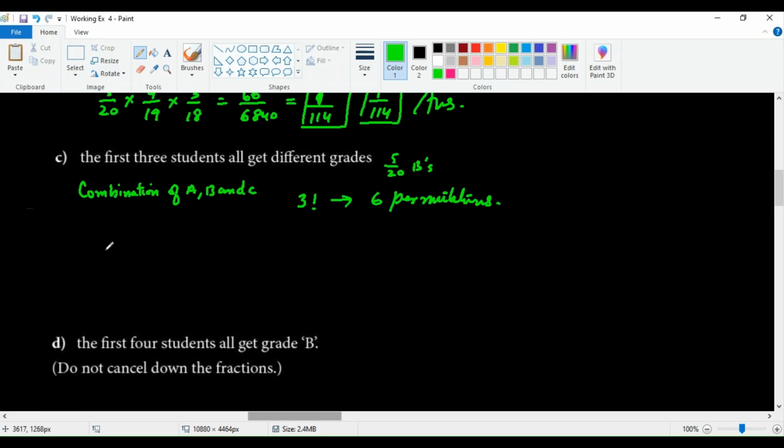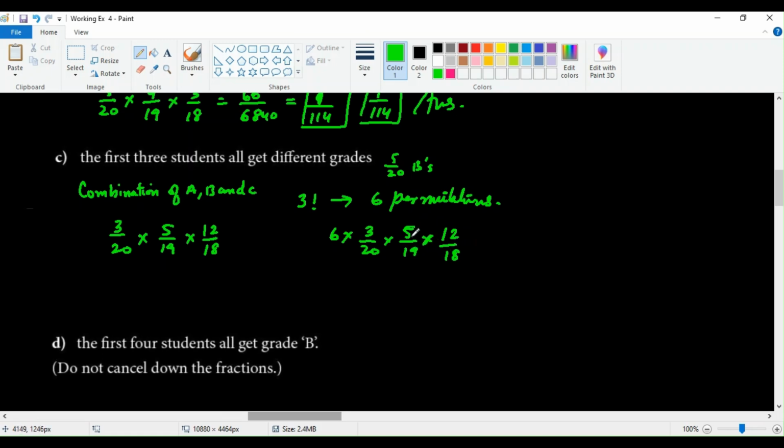Now we know very well first is 3 over 20, second is 5 over 19, and third is 12 over 18. Once we add the permutation to it, it becomes 6 times 3 over 20, and then 5 over 19, and then 12 over 18.